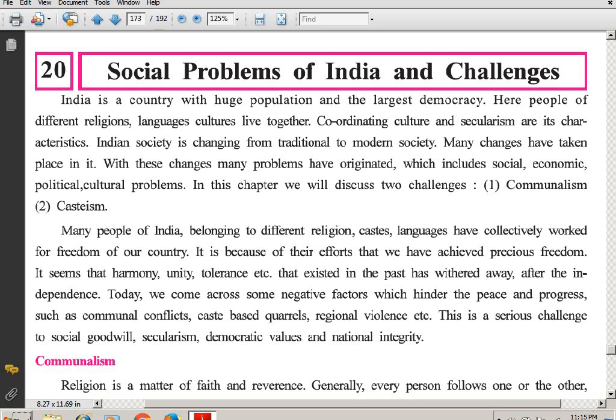Along with this, there have been different changes, and these problems also have originated because of the changes, which include social, economic, political, cultural problems. So it's not that only economically or socially India is facing problems, but in all the spheres, whether social, economic, political or cultural. And the two challenges are casteism and communalism.